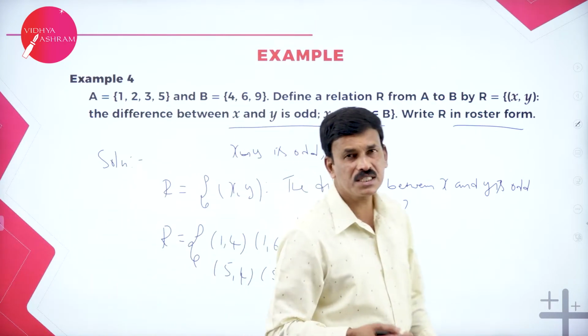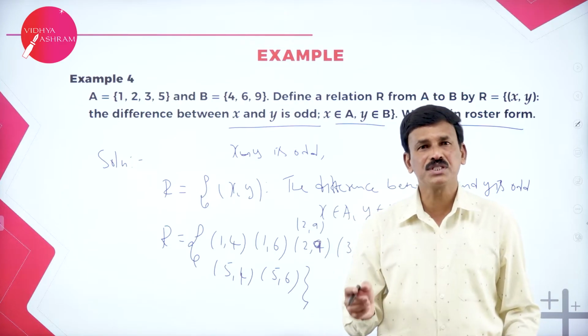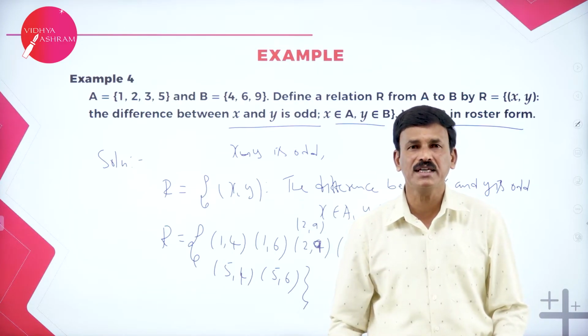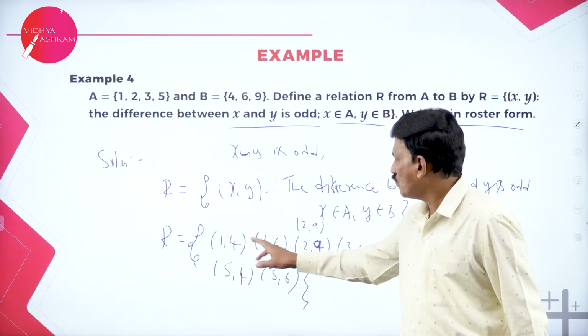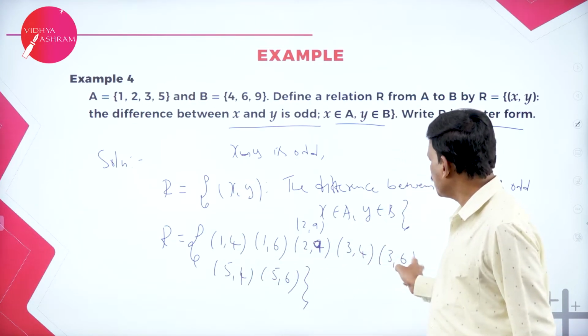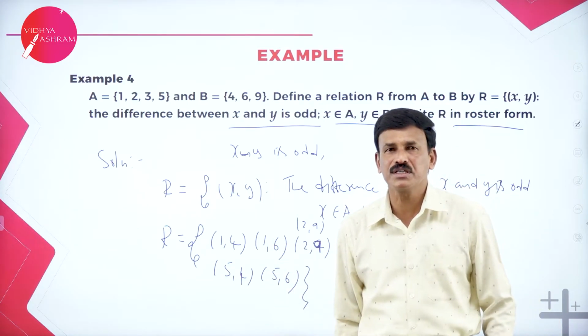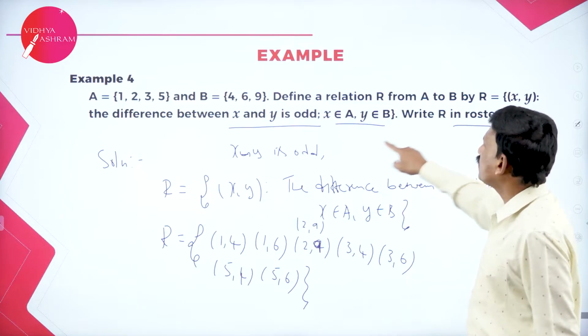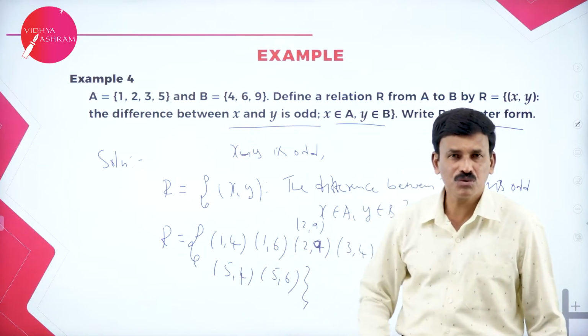Just take the difference between the two elements from set A to set B, and it should be an odd number like 1, 3, 5, 7, etc. So (1, 4), (1, 6), (2, 9), (3, 4), (3, 6), (5, 4), (5, 6). If you take the difference, you are going to get an odd number itself. That is what the difference between x and y is an odd number. That's it. Hope you followed.